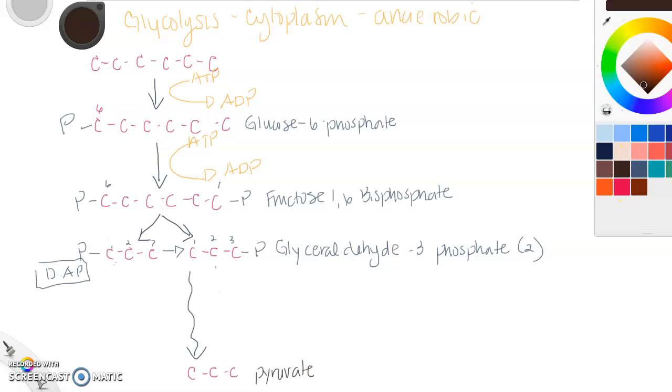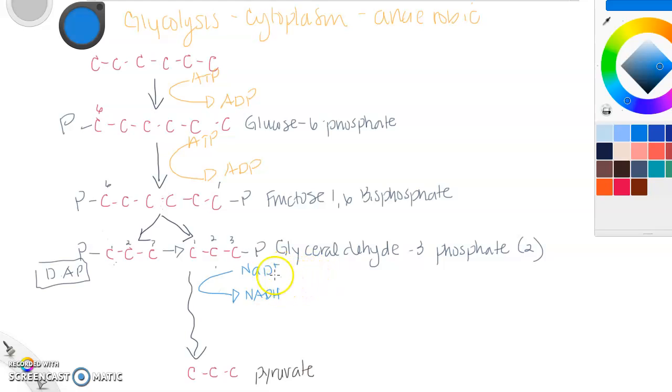And the first thing we get in this reaction is an NADH. We have an NAD plus, and we get an NADH there. That comes from converting the glyceraldehyde 3-phosphate into another molecule, which gets an inorganic phosphate added to it, and then the NAD takes up the hydrides.